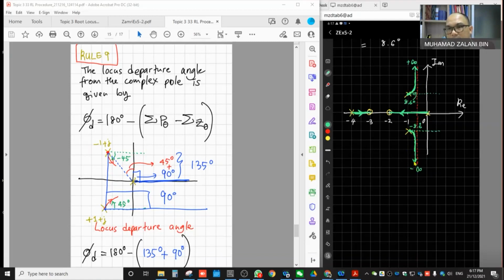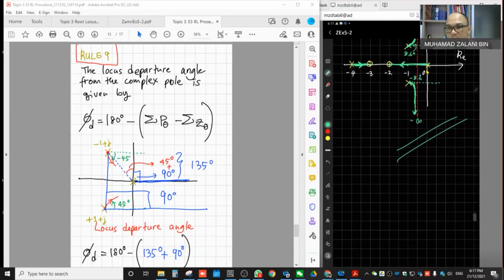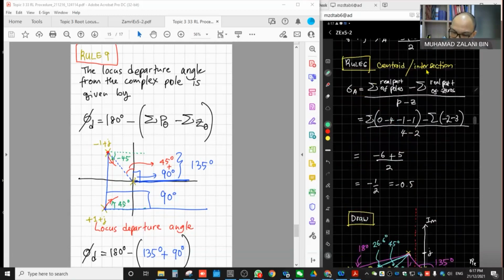Alright, so it should look like this. And then at this instant, it will not going to touch the lines of asymptote, but just moving toward the infinity. So this is the root locus that we want to draw based on the equation here.